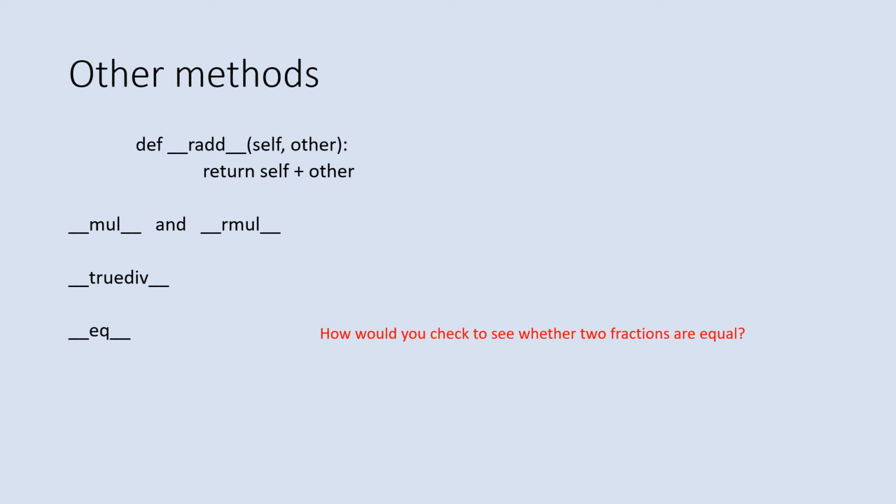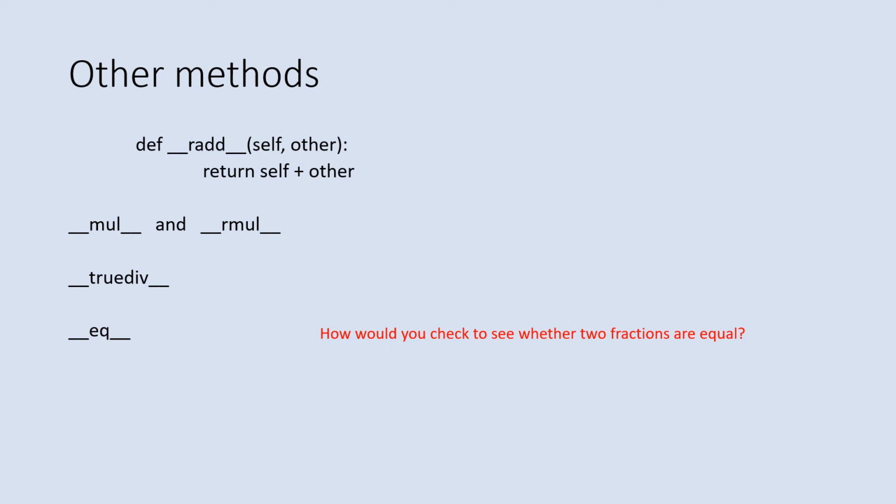When you think about writing this method, you ask, what could we do? How would you check to see whether two fractions are actually equal? At this point, we haven't done any calculations with fractions to know what number corresponds to the fraction. We have the numerator and the denominator.